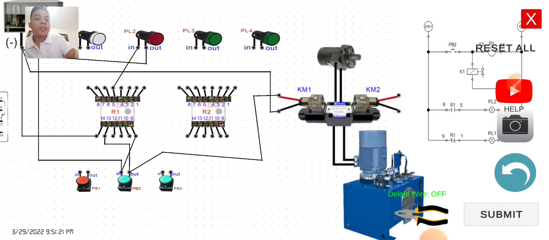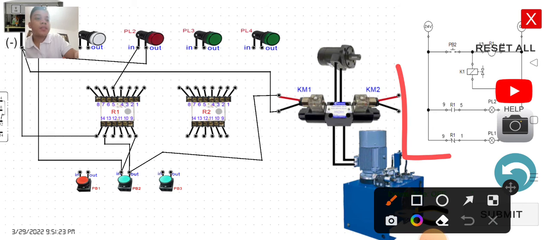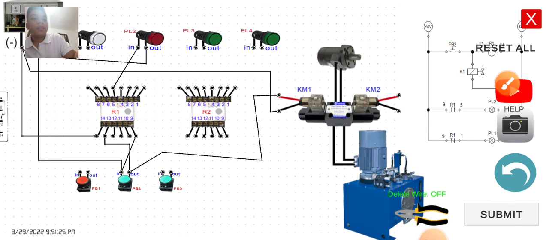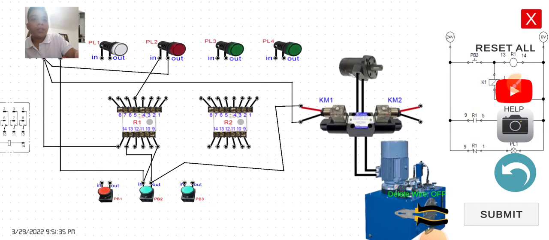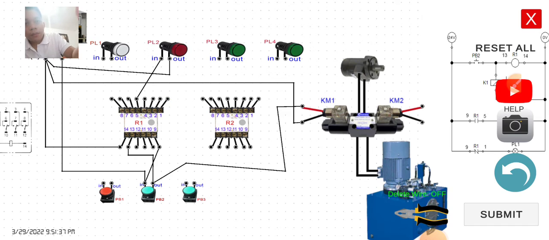The last line is the 9. The 9 is already connected, so proceed to 1, connect to the input of the PL1.